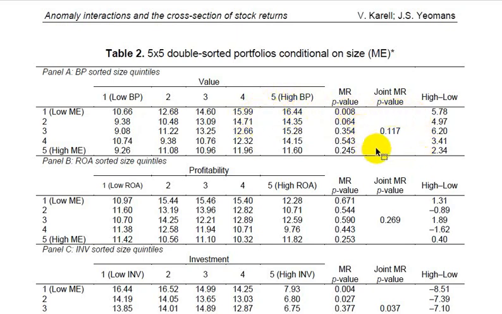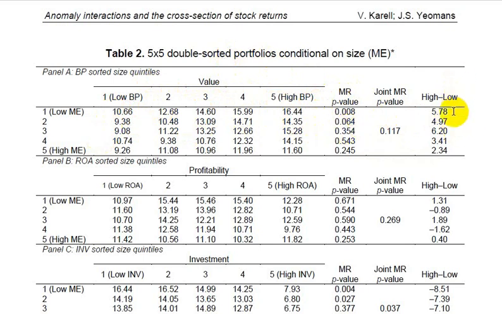So then overall, across all the sizes, we see the p-value is about 0.11, which isn't in our level of significance that we would like. So we could say that maybe the value factor is not monotonically effective across all the sizes.